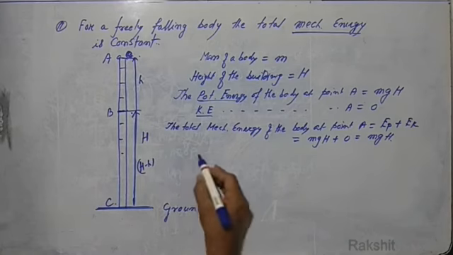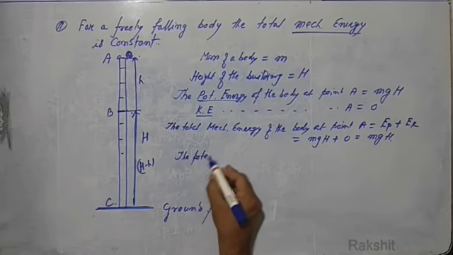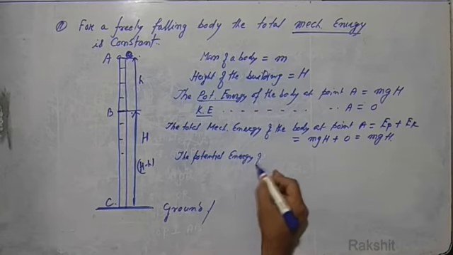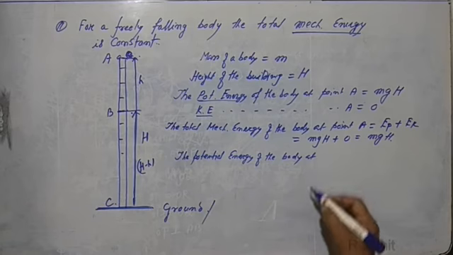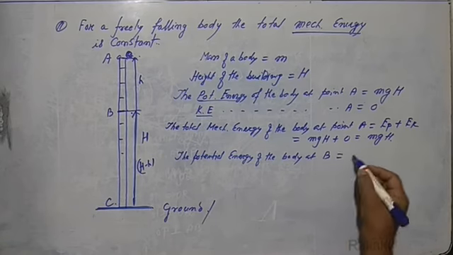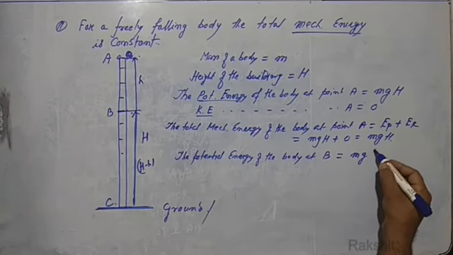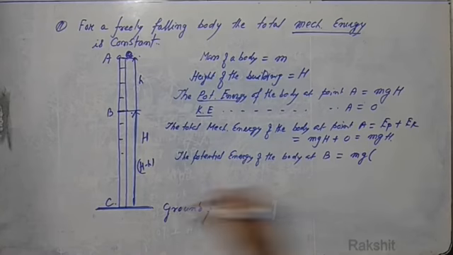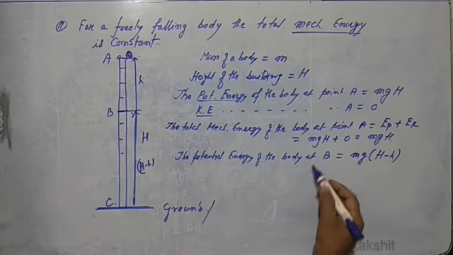So we can say the potential energy of the body at B is equal to mg, in place of height, here we take H minus h.